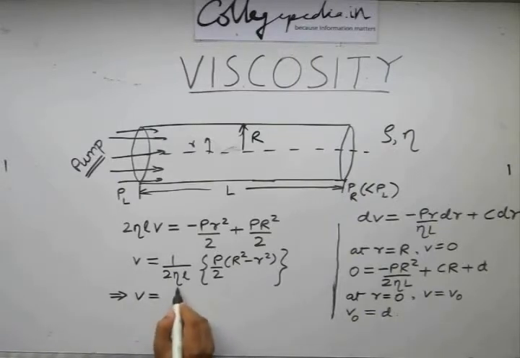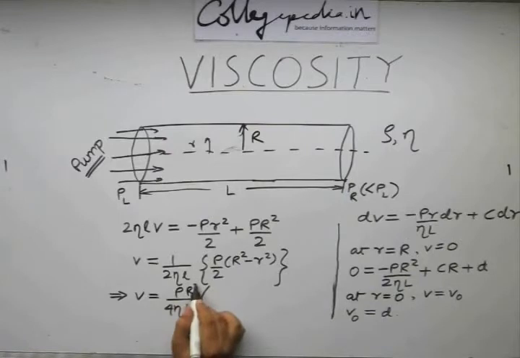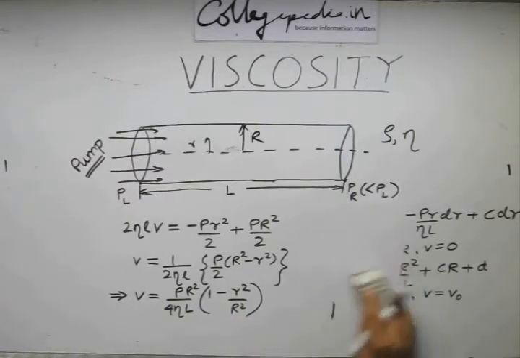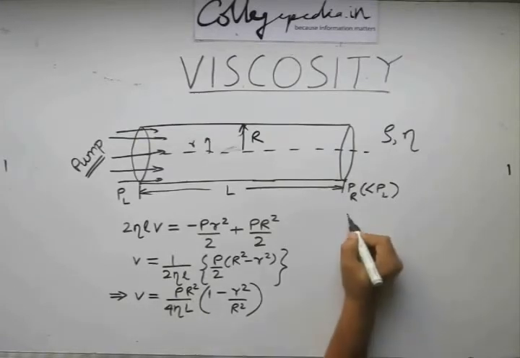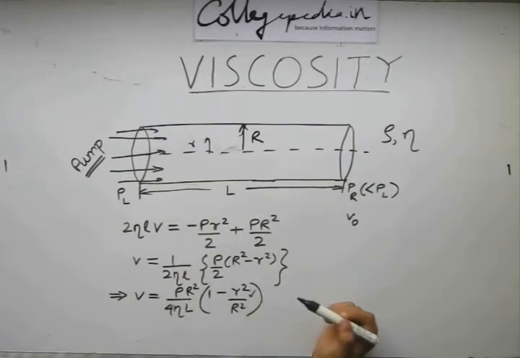This can be further simplified to P R square by 4 eta L times 1 minus r square by capital R square, if we take R square outside. If we need to find the maximum velocity, which we initially considered as V naught through the center line, we need to put r equal to 0.